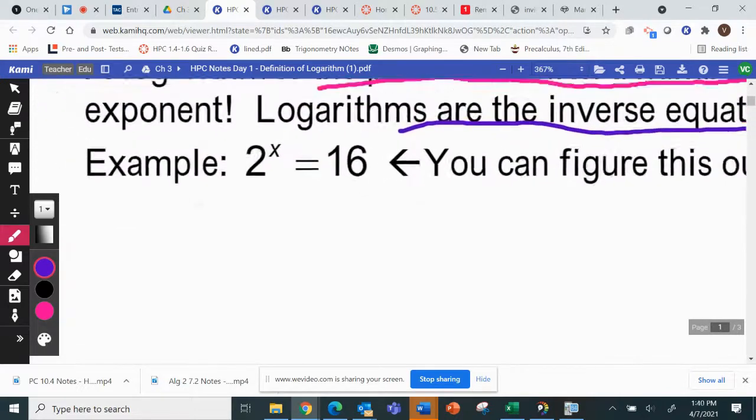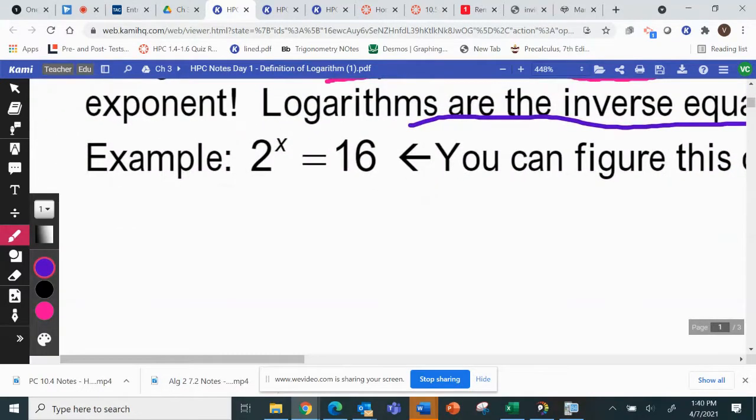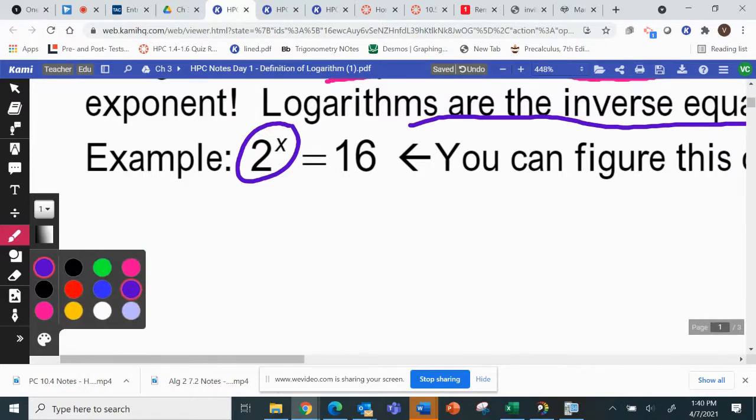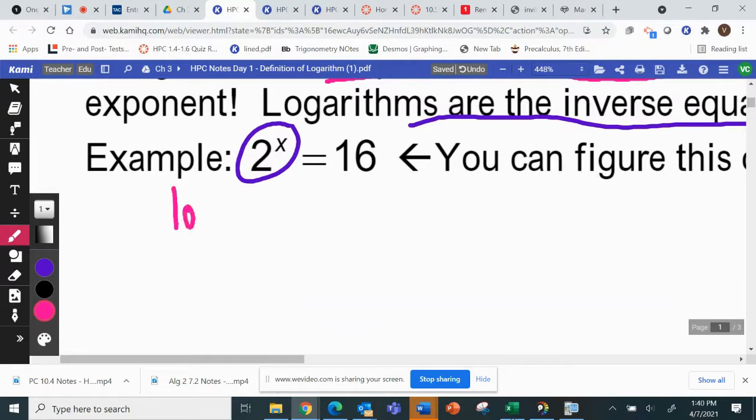So 2 to the x equals 16. 2 to the x is an exponential. What I want is x by itself. To get x by itself, I need to cancel out that base of 2. How I cancel out a base of 2 is I do the inverse of base 2. The inverse is log, with a tiny little subscript, base 2.